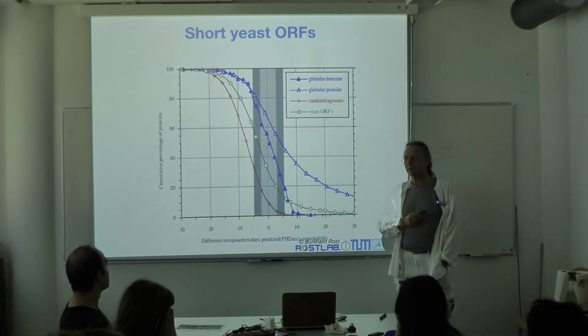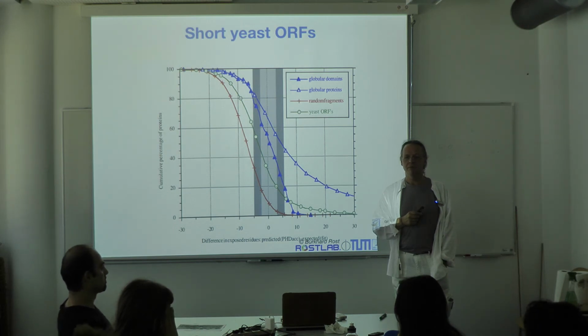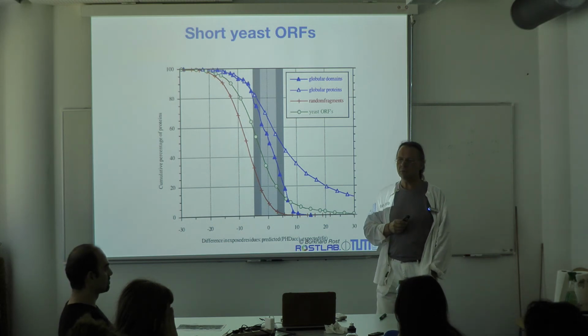Do you know how many proteins there are in yeast today? Any idea? Anybody? Do you all know how many we people have? We have how many proteins? 20,000. Is that difficult for everybody? Not everybody knew that? Okay, so we have 20,000 proteins.